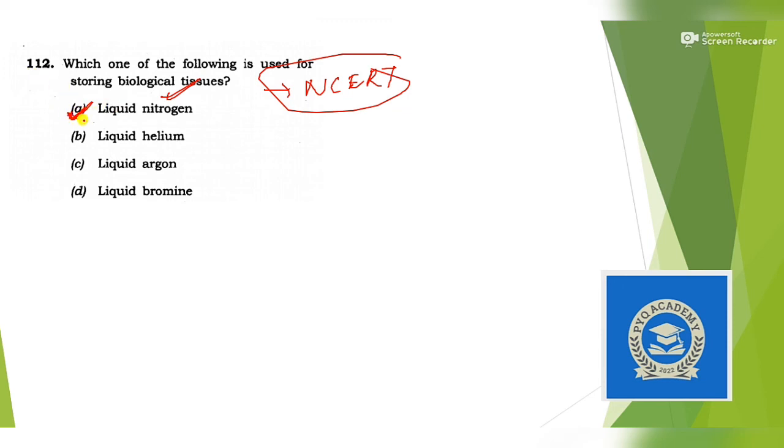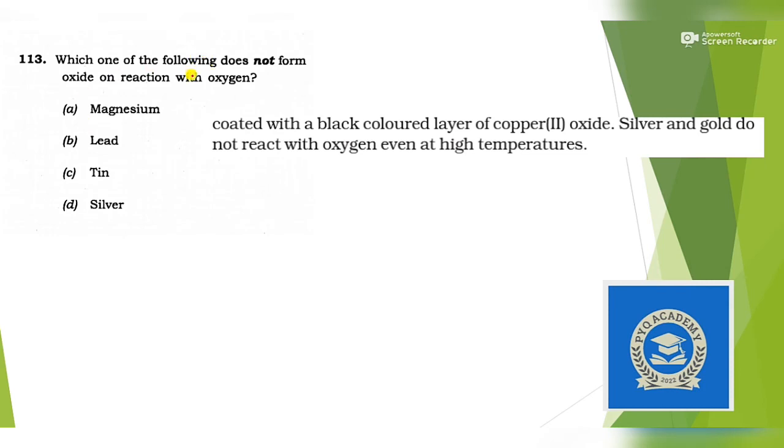Which one of the following does not form oxide on reaction with oxygen? That means which metal does not react to form metal oxide? So here you can see that silver and gold do not react with oxygen even at high temperature.